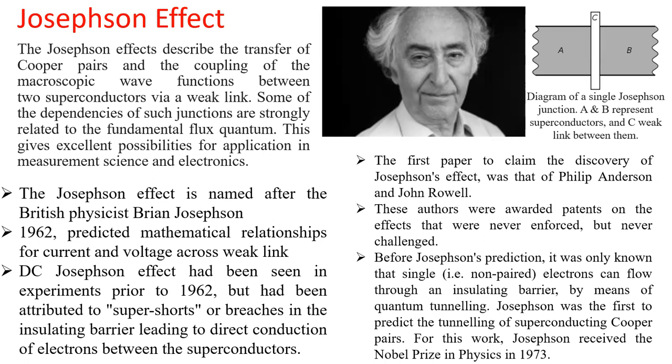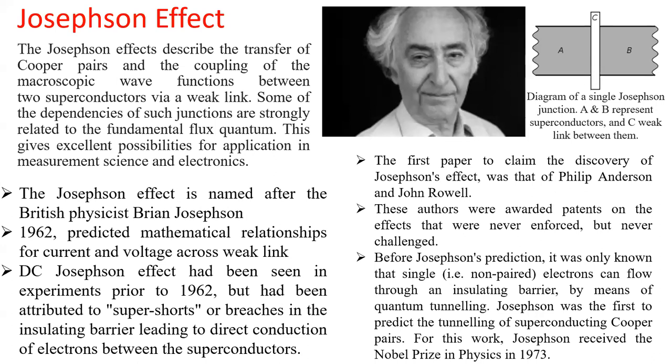If you bring the two superconductors together and keep them with some separation, or if there is a medium of non-conducting, insulating material, charges will move from one junction to another, either A to B or B to A or maybe both, by breaking something.